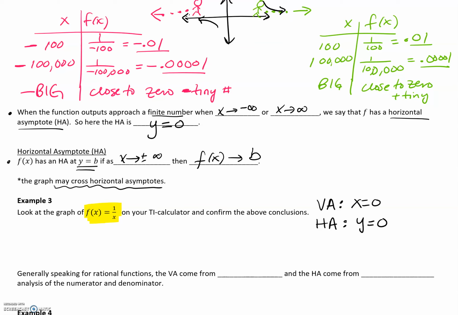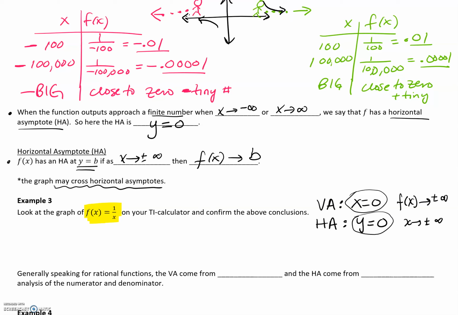In other words, the y values of f of x are going to positive or negative infinity near x equals 0, and as we're walking to the left or to the right, meaning going to positive or negative infinity, the y values are approaching 0.